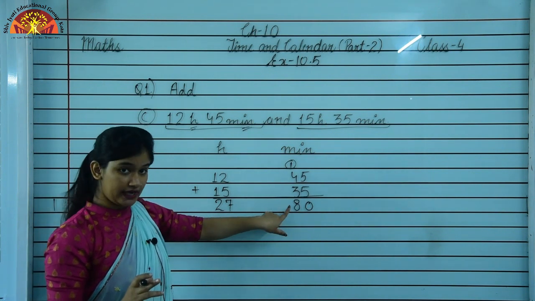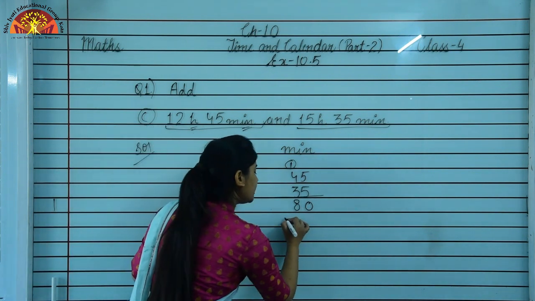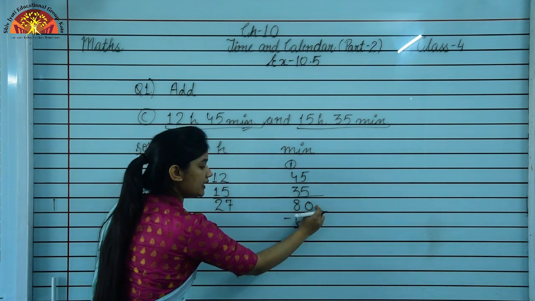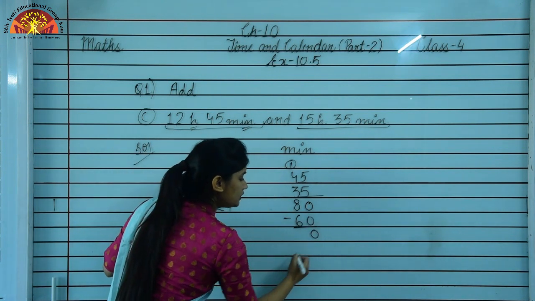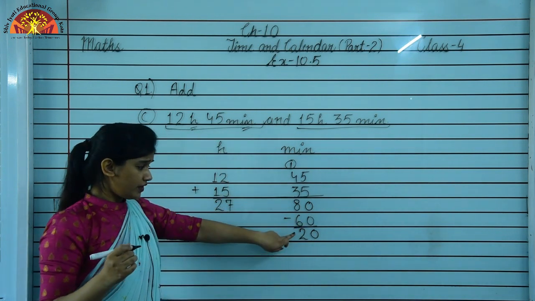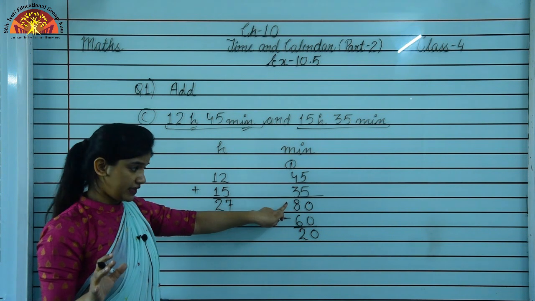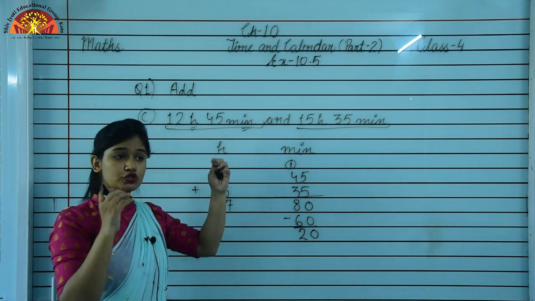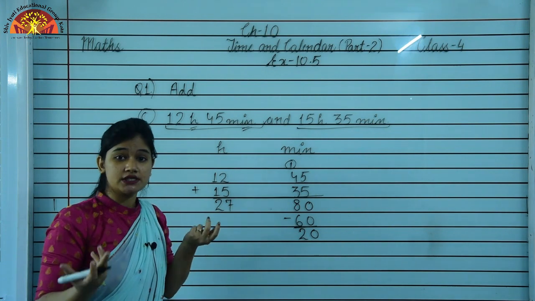So now you can see we have 80 minutes, so we will subtract 60 minutes from 80 minutes. Now 0 minus 0 will be 0 and 8 minus 6 will be 2. So now we have subtracted 60 minutes from 80 minutes and we are getting 20 minutes. We subtracted 60 minutes. Now where will the 60 minutes that we subtracted go?